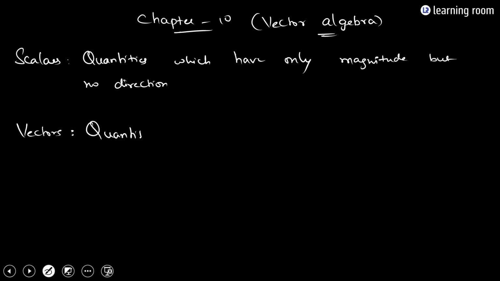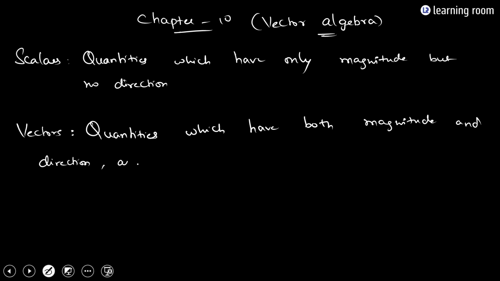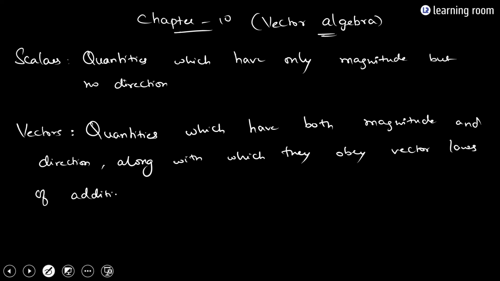Similarly, when you talk about vectors, quantities which have both magnitude and direction, along with which they obey the vector laws of addition, are called as vector quantities.